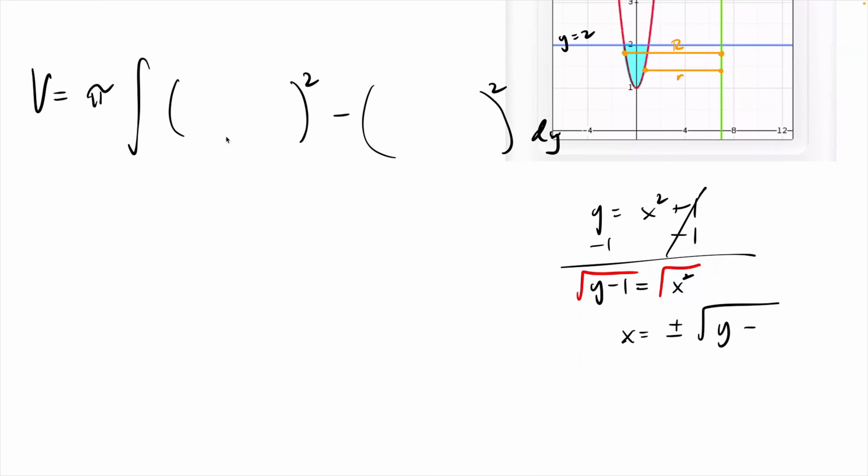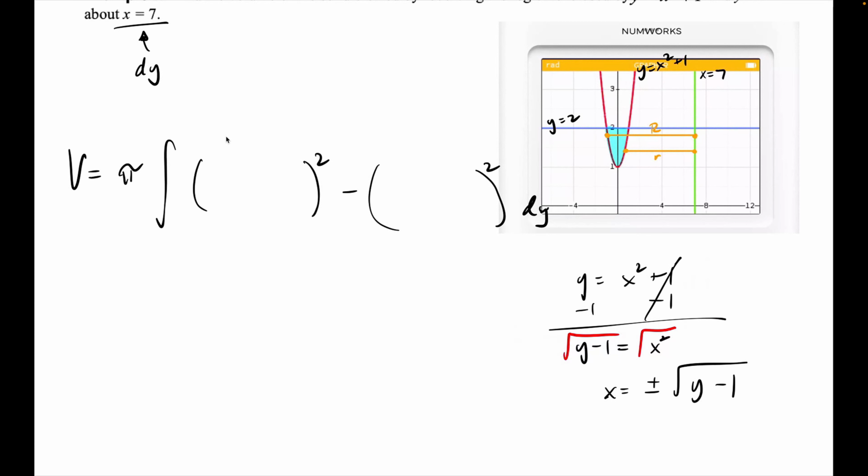So it's plus or minus the square root of y minus 1, right? Okay. So that's where it comes from. Yeah, so one of them is going to be a plus, one of them is going to be a minus. Thank you. So we have to decide which side is the plus, which side is the minus. Well, anything to the right is going to be plus, right? So this side over here, positive, and this side over here is the negative part.